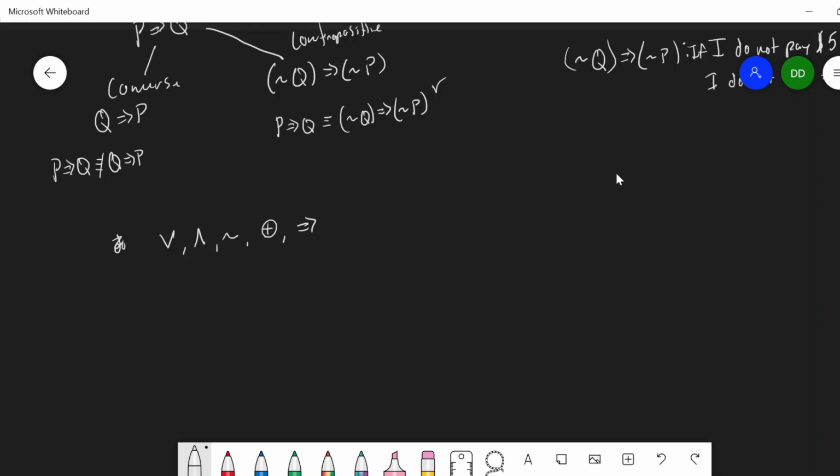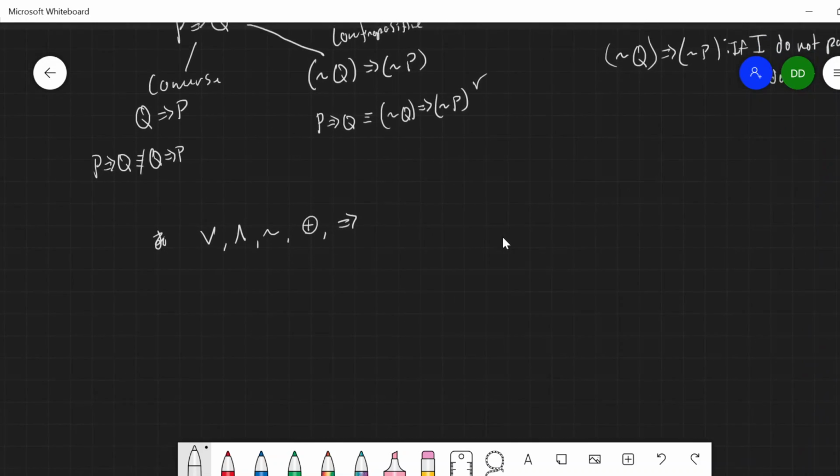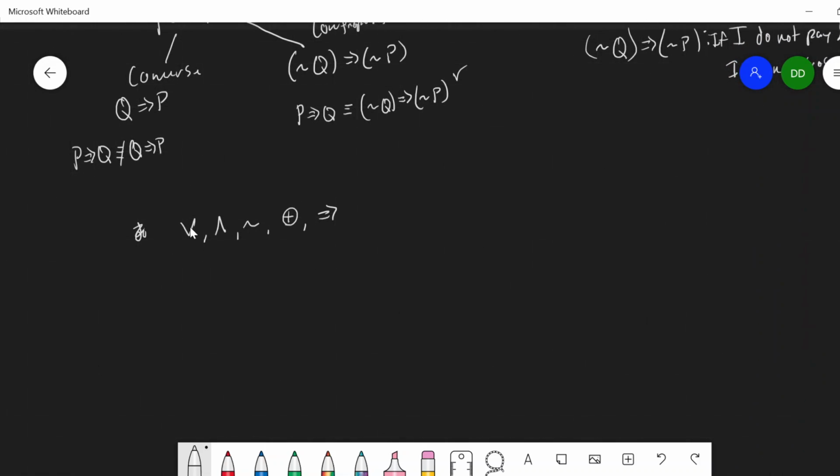Right, in previous videos and in the book, we saw various laws about these 3 operations, and in particular, how they work with each other: De Morgan's laws and distributive laws. How does the if-then operation respond to negation?